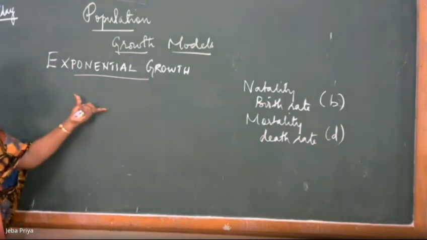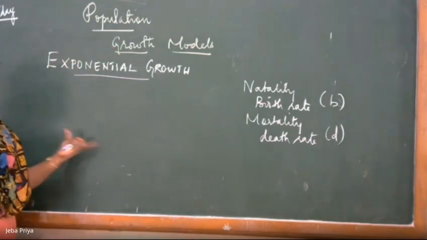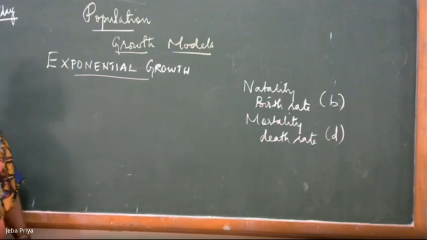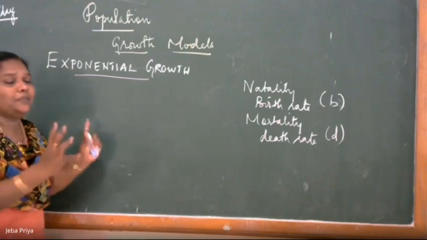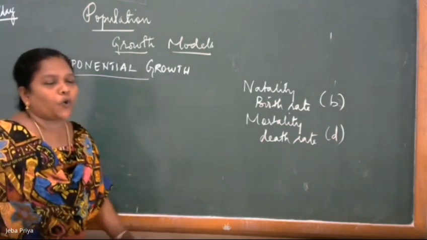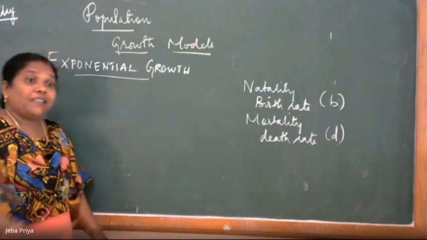In the same way, a population is a group of individuals of the same species. If the resources are unlimited, it means they are in excess, more than the population.